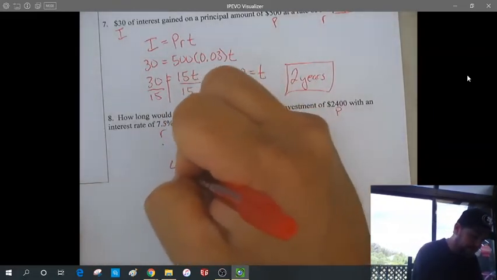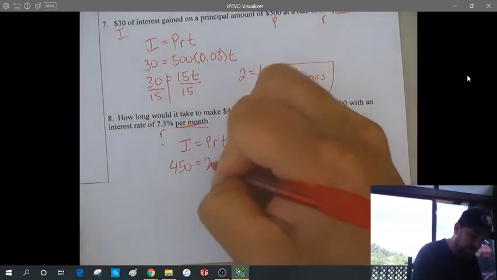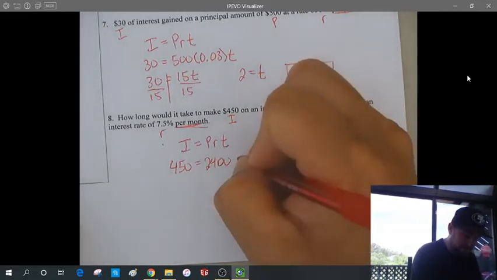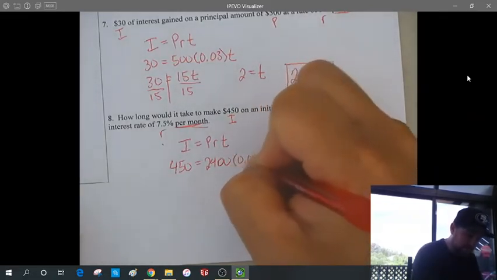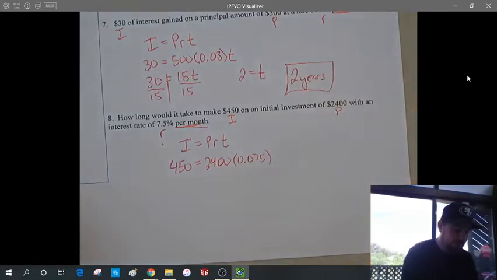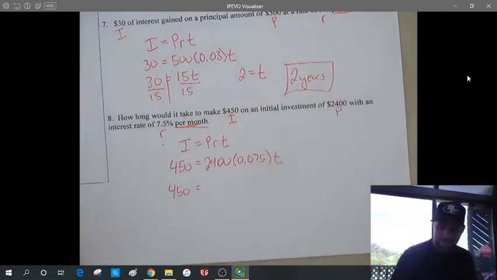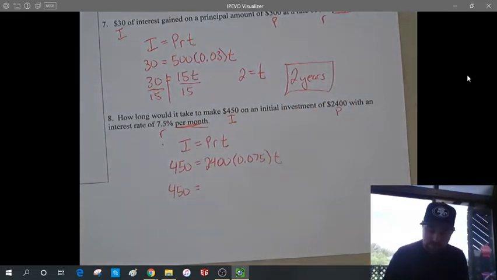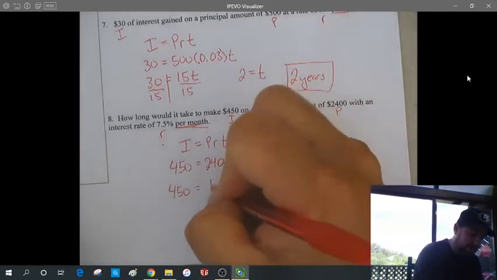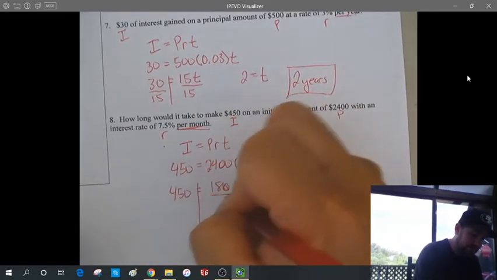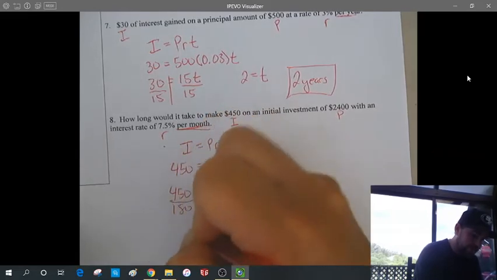So 450 is my interest. Principal amount $2,400. The rate is 0.075, and time again is what we don't know. So if I multiply 2,400 times 0.075, this is 180 T. Divide both sides by 180.